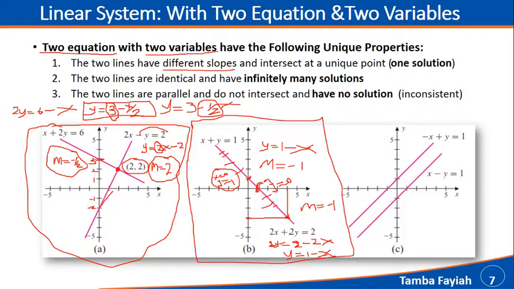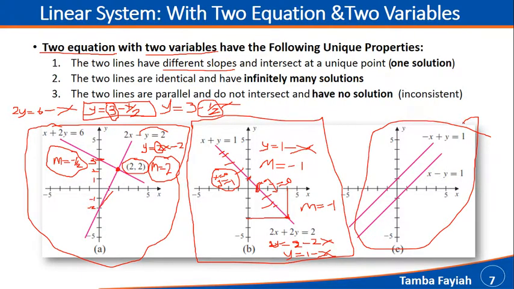And since they do not intersect at any point, there is no point that lies on both lines. So such equations have no solution in common. Normally, a solution of a system of linear equations is a point where the lines intersect.